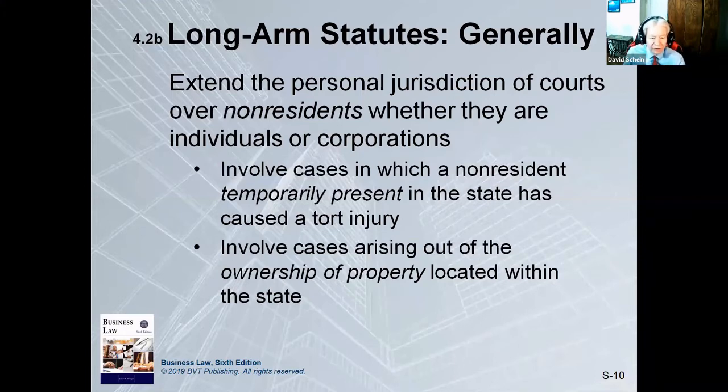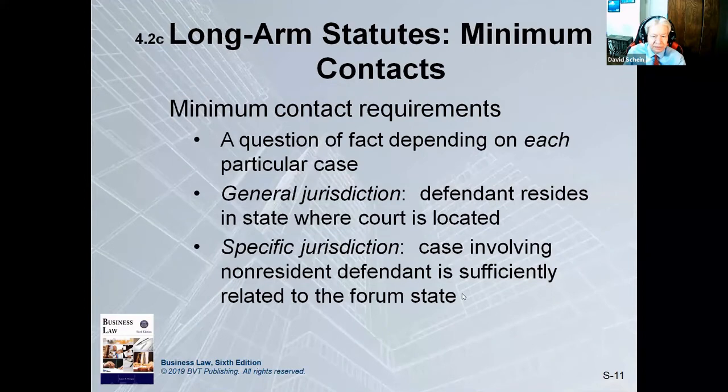So you need to be aware of the fact that if you've been served and you cannot get out of the case, you may have to answer the case in another state. Again, that's long arm jurisdiction.